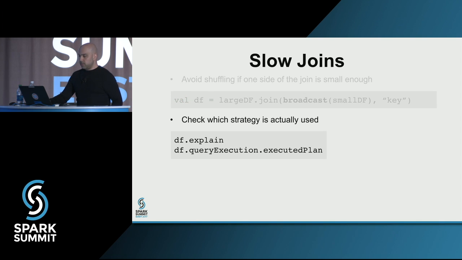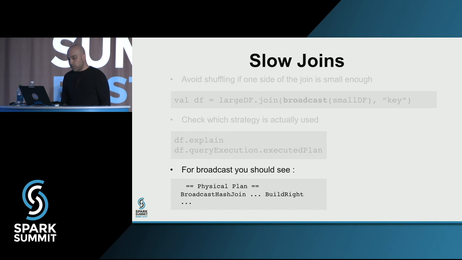As you saw, we use a hint there, broadcast, but this is not enough. You have to make sure that the actual optimization is triggered. And the only way to be sure that this is done is to check the actual execution plan. You have to see a broadcast hash join reported.